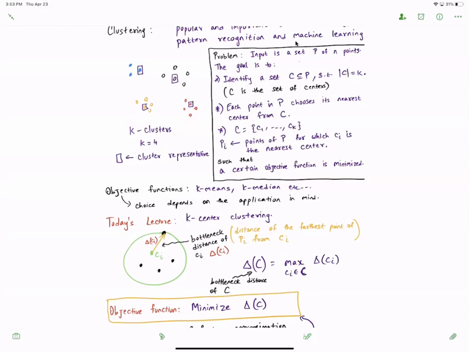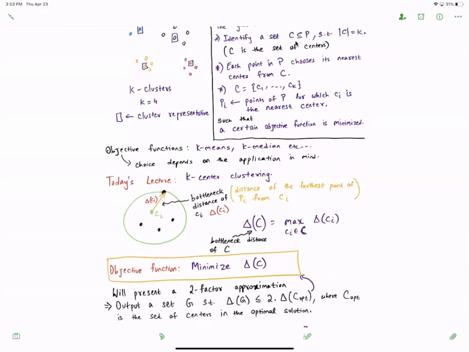Okay, so what's the goal today? The goal today is, again, this is an NP-hard problem, so we'll come up with an approximation algorithm, a very simple greedy algorithm, which gives a two-factor approximation. What do we mean by a two-factor approximation? We'll output a set G such that the bottleneck distance for this set G, delta of G, will be at most 2 times the bottleneck distance you would get from the optimal clustering.